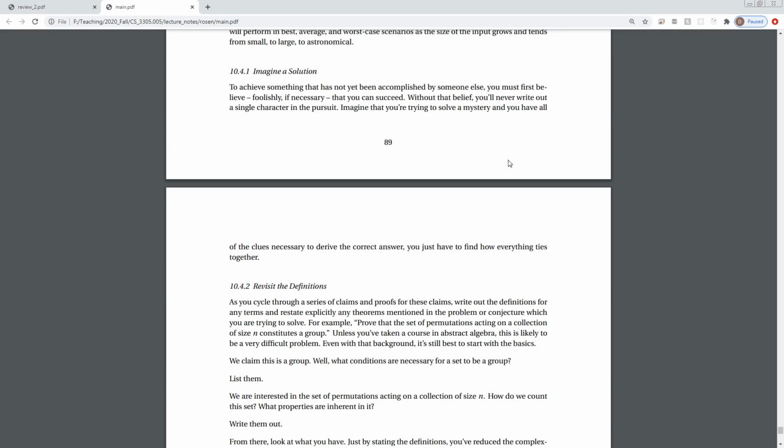So if you're trying to prove something formally in terms of a program, the first thing that you have to do is believe that whatever it is that you're doing can be done.